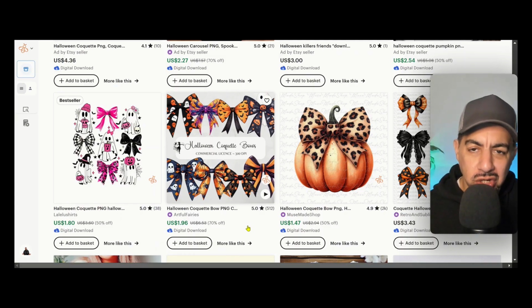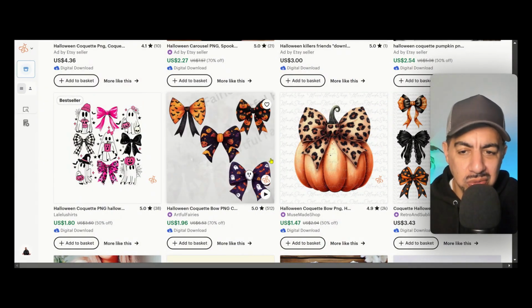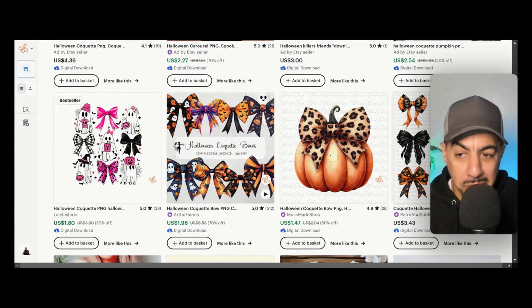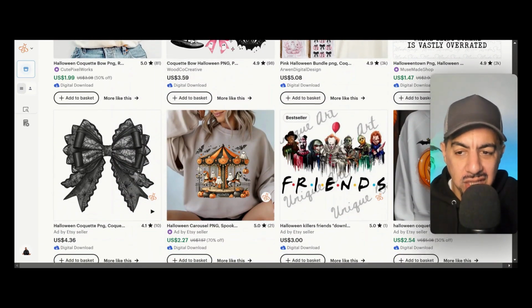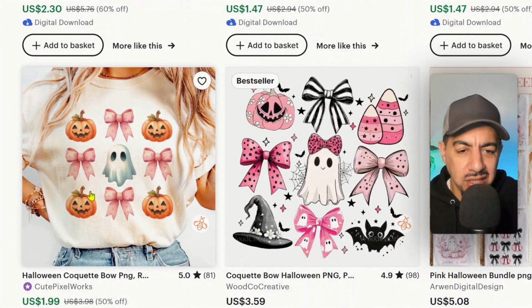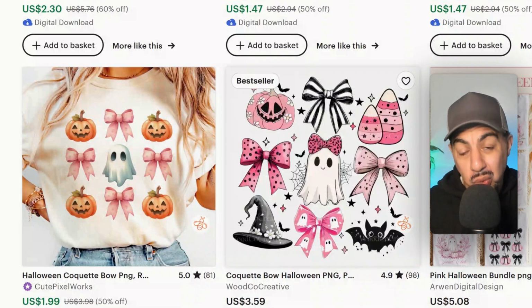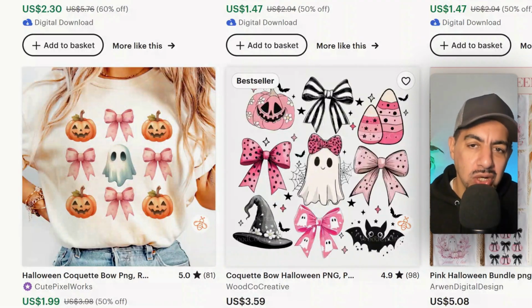But the coquette essentially is a trend, and what people do is put their own take on it. Like I said, you've got these nine designs. You've got this one with all these bow ties. You've got the coquette with a pumpkin, which is another style. And if I go up, there'll be other ideas with the coquette. Here's another one, the bow tie, pumpkin, and ghost, basically mixing in elements of Halloween with the coquette also. That works really well.